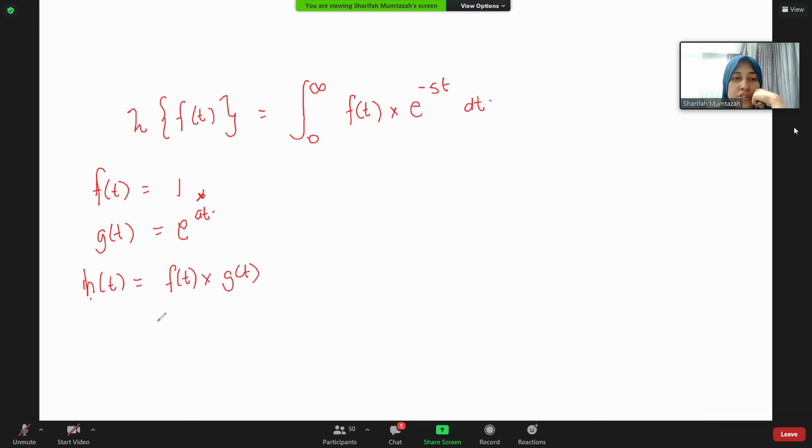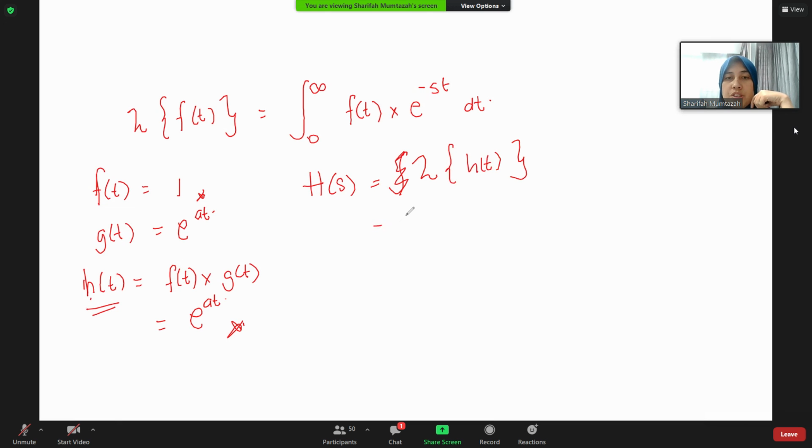Now I want to find H(s). H(s) is basically the Laplace transform of h(t), which is the integral from 0 to infinity. So what is my h(t)? e to the power of at multiplied with e to the power of minus st, dt.